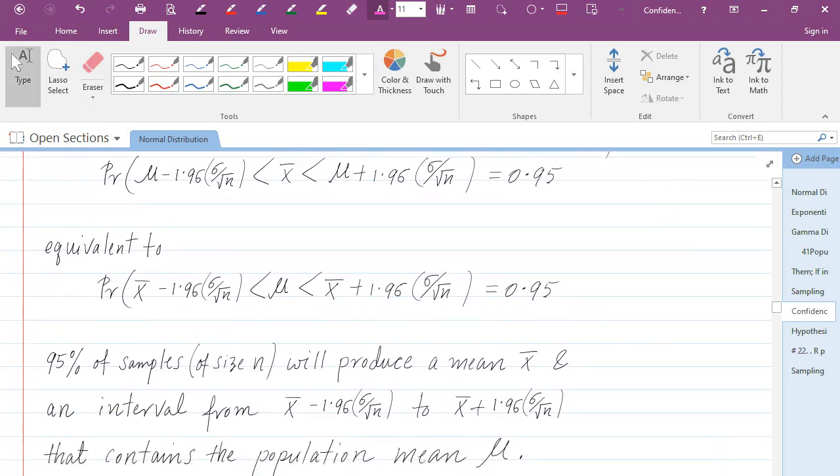So what is the meaning of this probability right here?